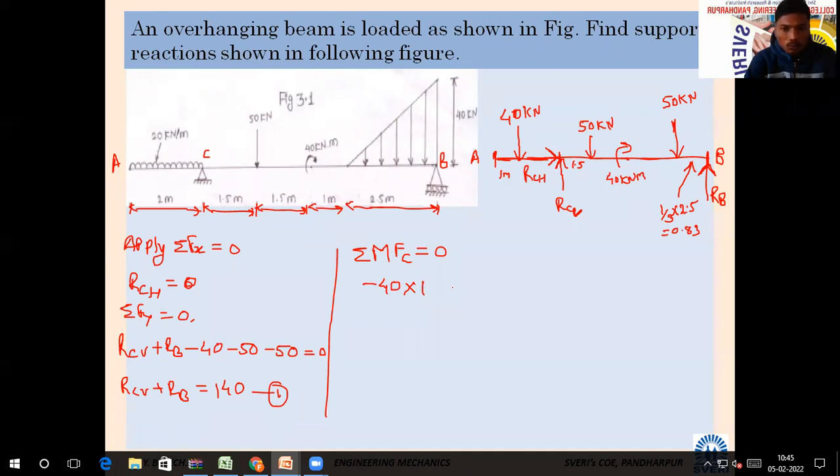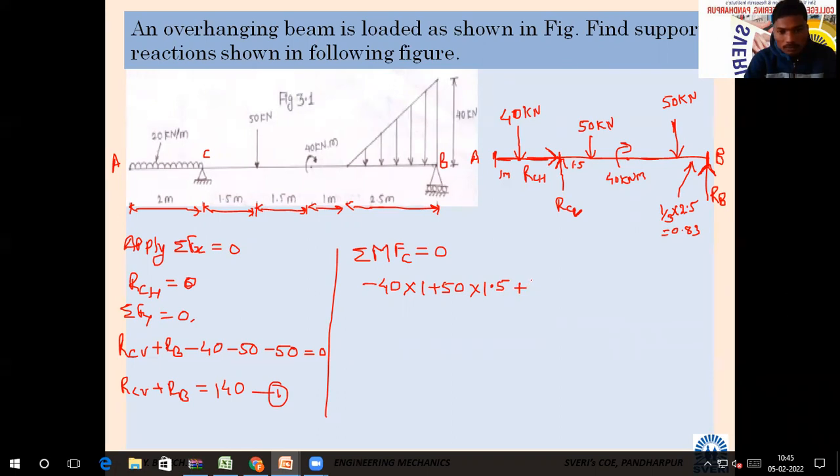Next, 50 kilonewton force. How object will rotate with respect to point A? Clockwise. What is the distance of that 50 kilonewton force? Now see this leftmost figure. You can see how much it is distance. 1.5. Yes, then that moment we have to take.